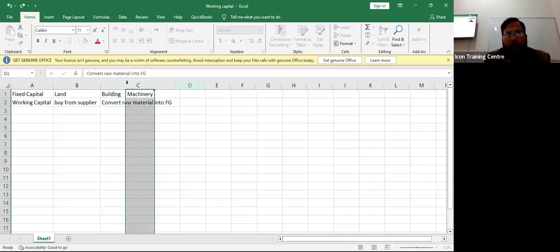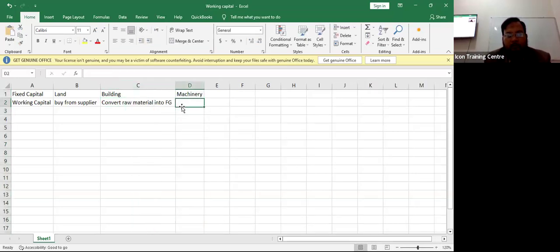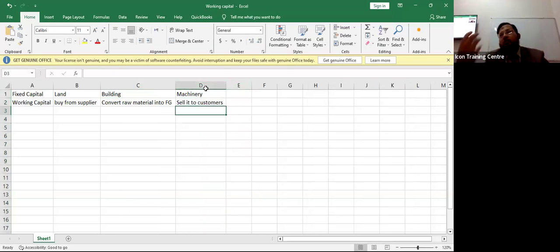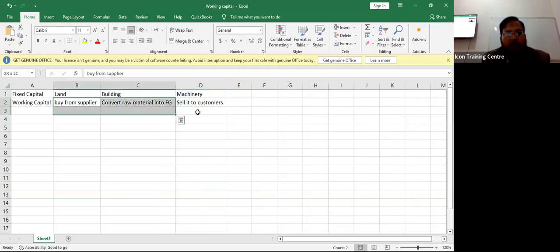Then you sell it to your customers, right? And then you receive from the customer and then buy again from your supplier. So this cycle is known as cash cycle.